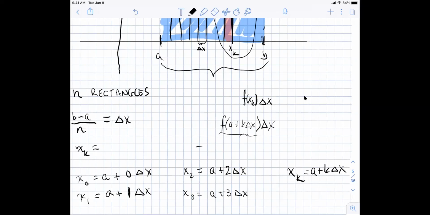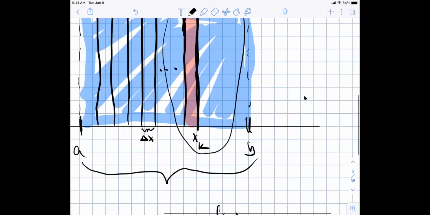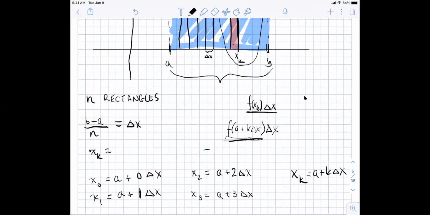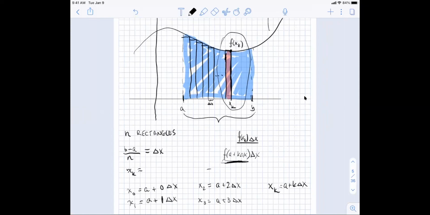Okay, so x0 is a, x1 is a plus delta x, x2 is a plus 2 delta x, and in general, xk is a plus k times delta x. So all I've done is I've replaced xk with its definition, a plus k times delta x. Okay. Gotcha. Thank you. Yeah, of course.